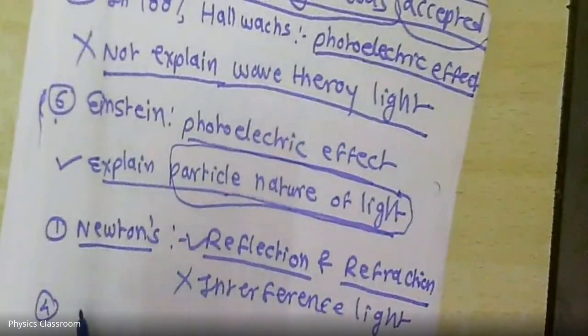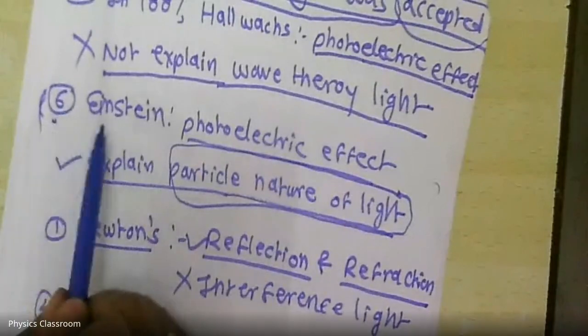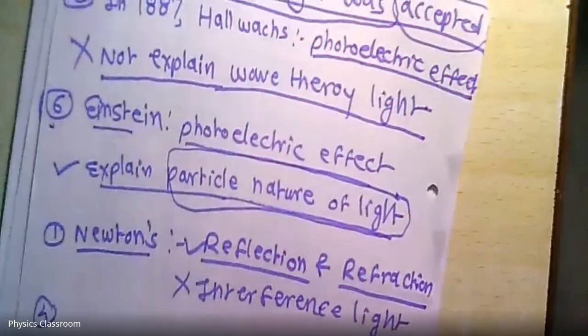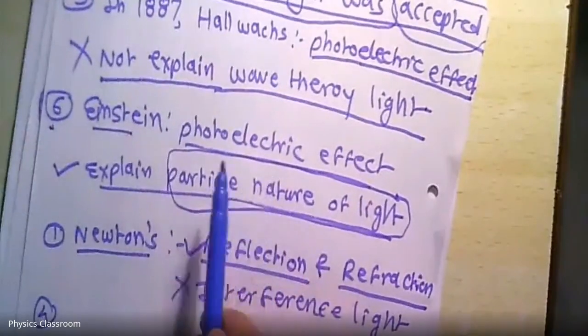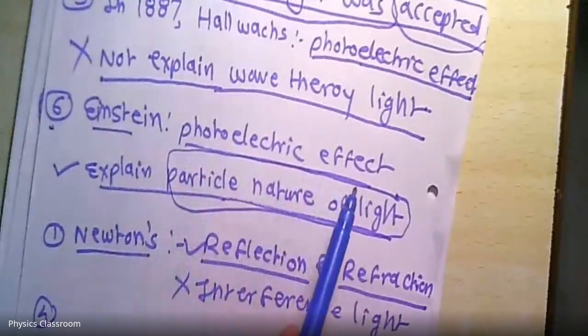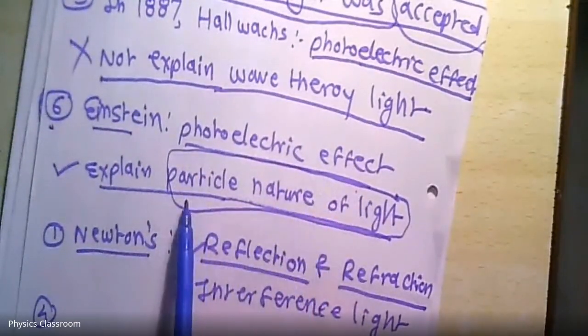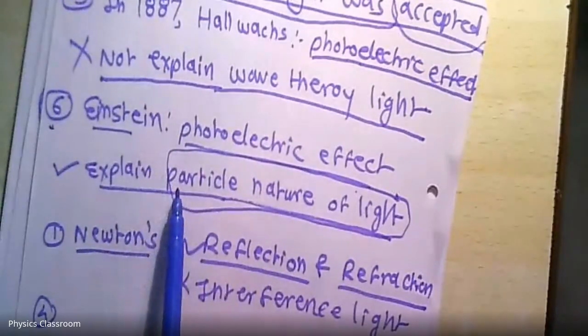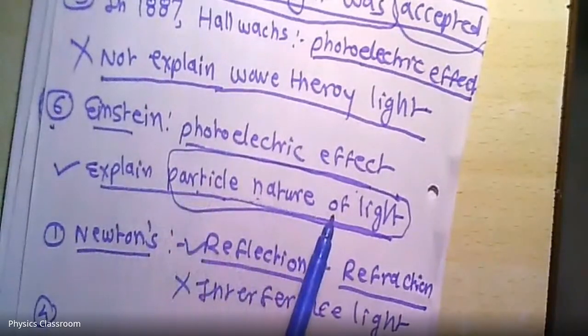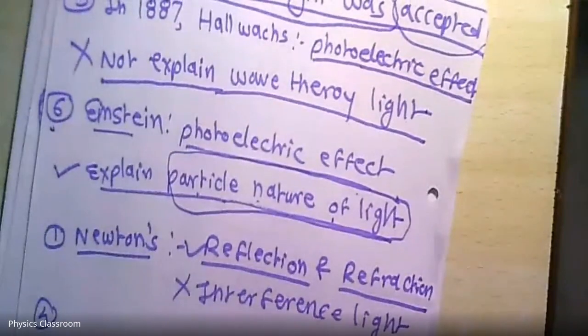But in the sixth point, we observed that Einstein explained the photoelectric effect, on the basis of which he stated the particle nature of light.